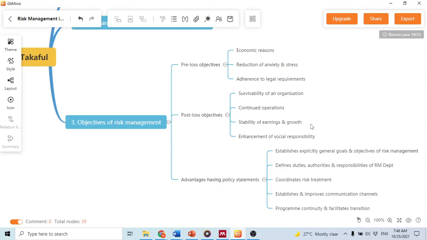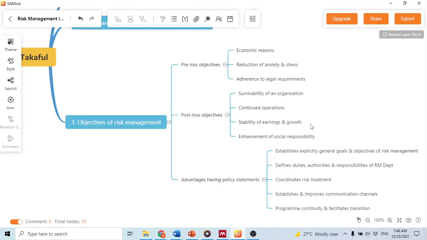This policy will be prepared by the risk manager or the chief risk officer and endorsed by the board of directors. So why does it need to be endorsed by the board of directors? So that it can be the organization's agenda.